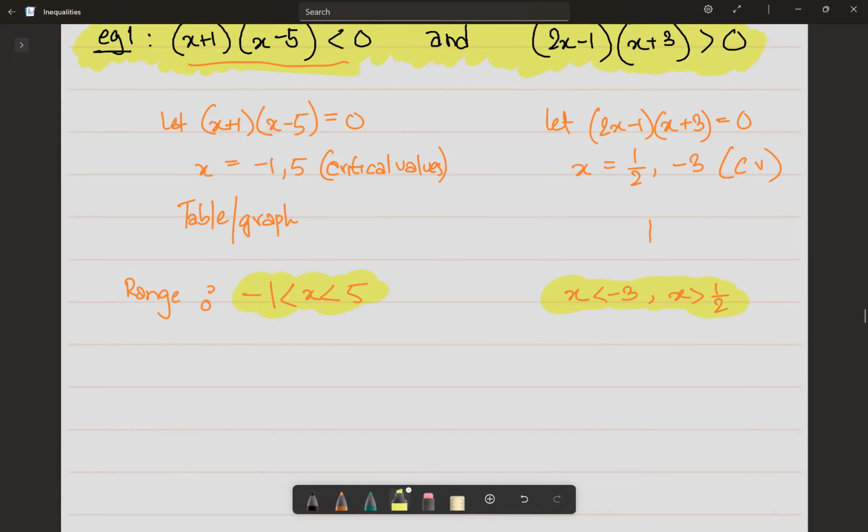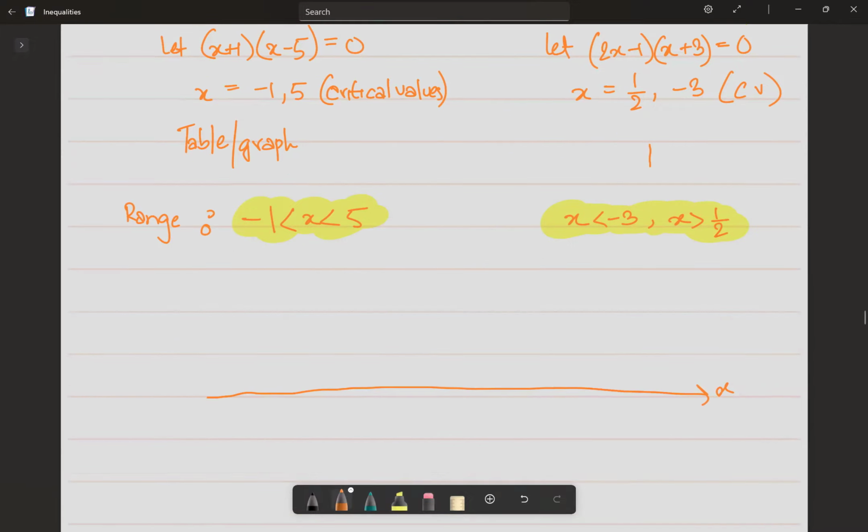So in order to draw the number line, we will first draw the line and the variable is x. Then we put down 0. Then we have -1 and 5 here. We place these, and the critical values from the other inequality are -3 and half. So half is somewhat closer to 0 and -3 would be a bit far away like this.